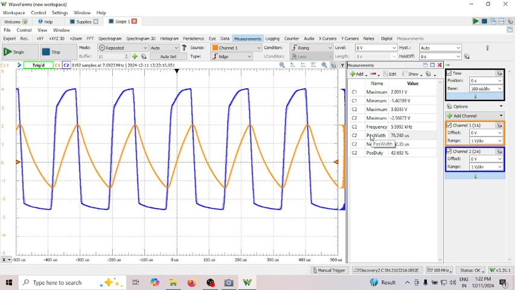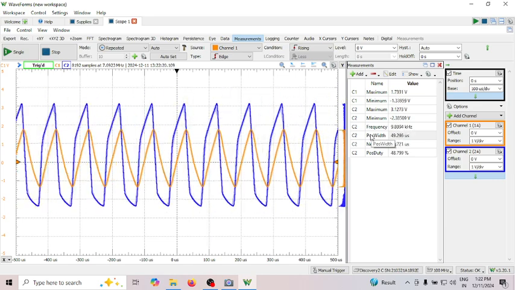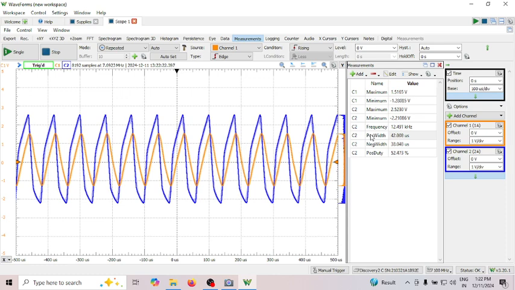Suppose if you reduce the resistance too much, you'll end up with this type of waveform. Of course now you're not at all getting a square wave. Why you're not getting a square wave is because your op amp takes certain time to respond, to go from plus saturation to minus saturation.